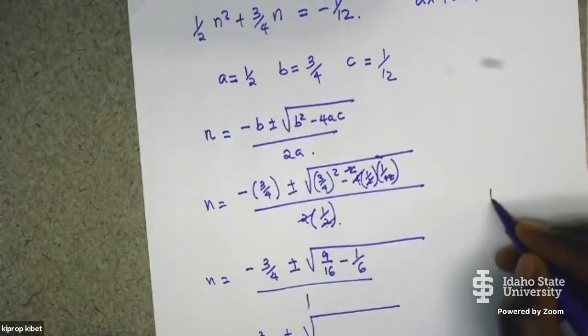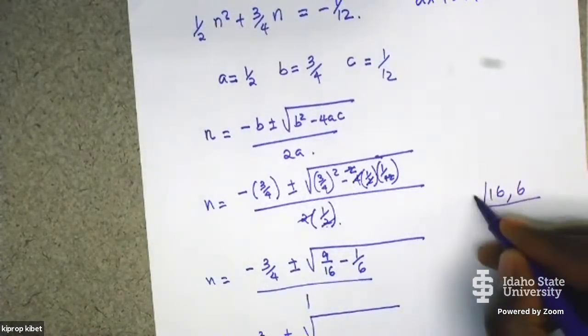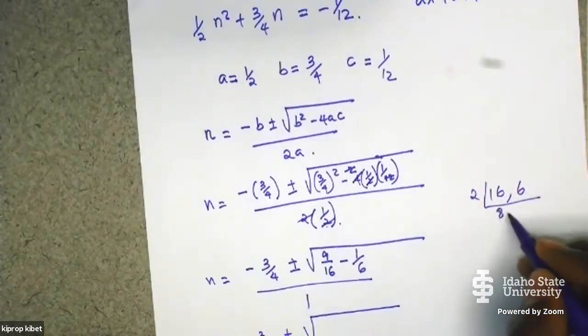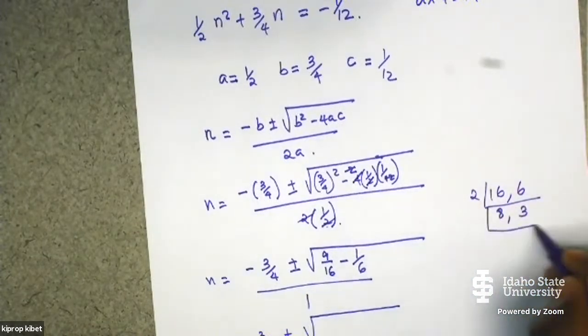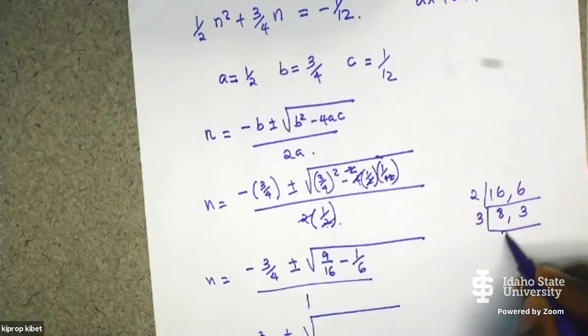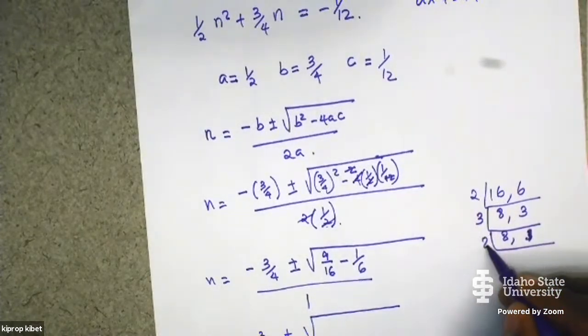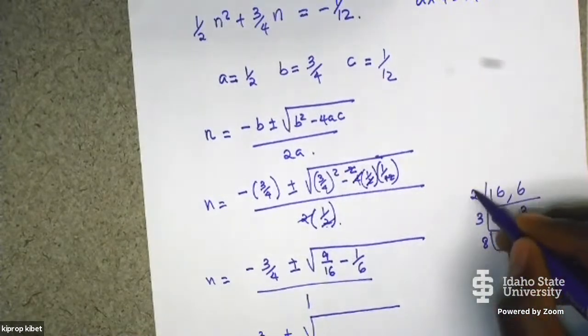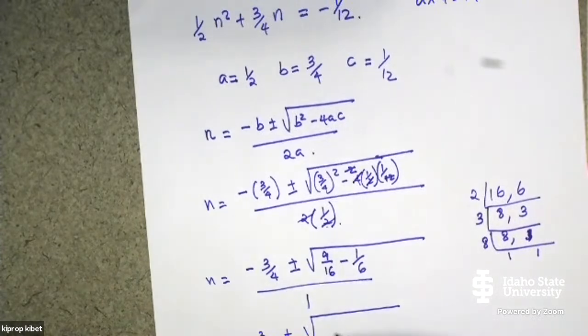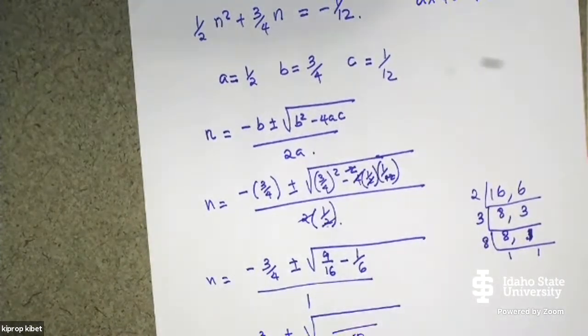So 16, 6. 2 for what? 8, 3. 3 for 8, 3, 1. And then 8 there for 1, 1. So 8, 24 by 2 is what? 48, right? Our least common multiple there is 48.